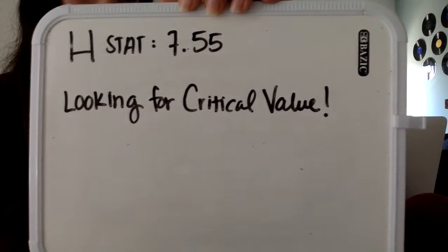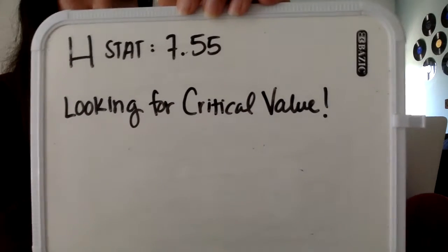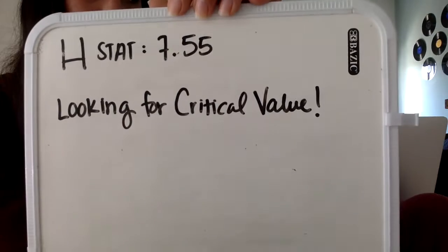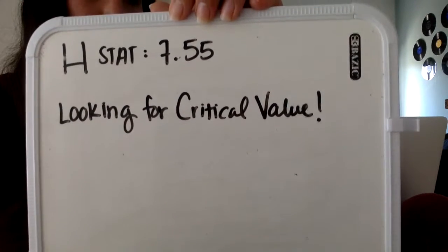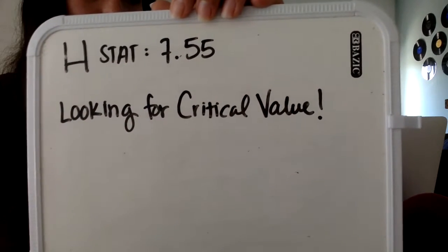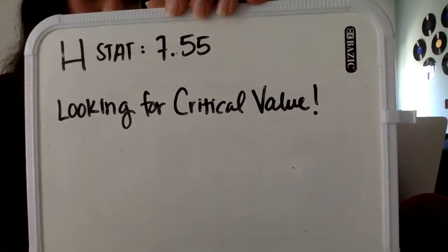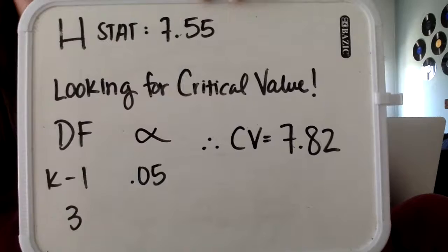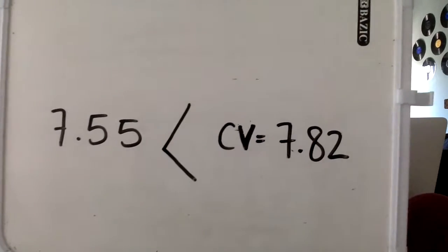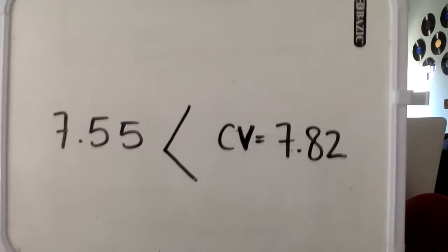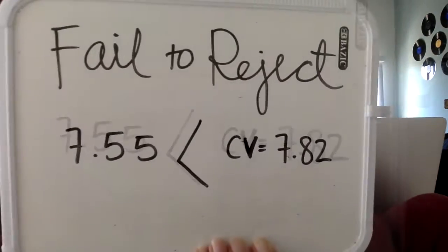We go on the degrees of freedom and we see that it's 3, and our significance level is 0.05, which is usually what it is. So we're always going to go to 3 and we're going to go to 0.05, and we see that our CV is 7.82. Since our H stat is less than our critical value, we're going to end up failing to reject.